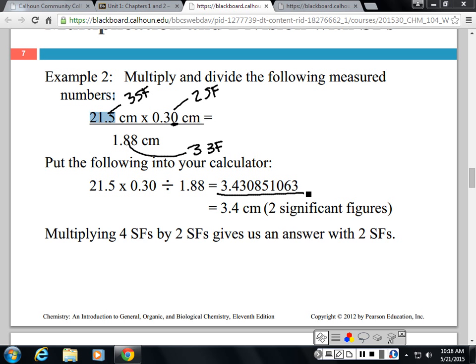We cannot report a number this big, so we need to know how many digits to report. We look back at our measurements, and we have 3, 2, and 3 significant digits. So our answer has to be to 2, the fewest number of significant digits. We look at that 4, and the 3 is less than 5, so it rounds down, and we get 3.4 centimeters.